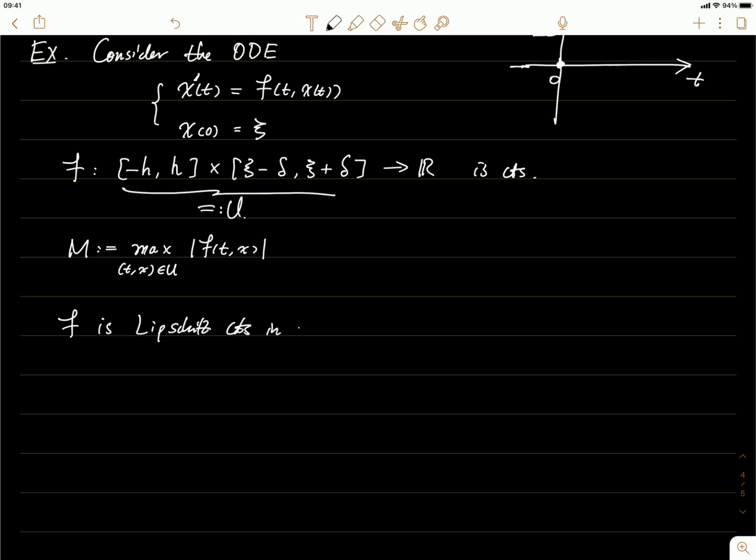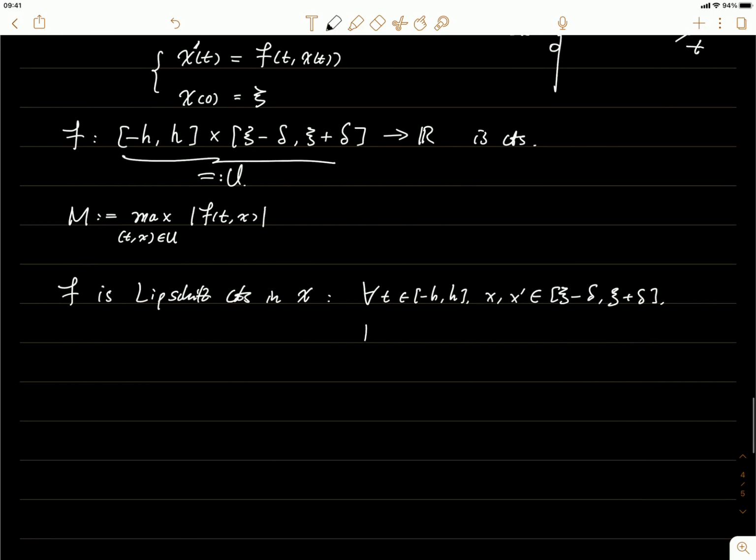What that means is for any t between negative h and h, and any x and x prime in c minus delta to c plus delta, we know that the absolute value of f of (t, x) minus f of (t, x prime) is less than L times the absolute value of x minus x prime.